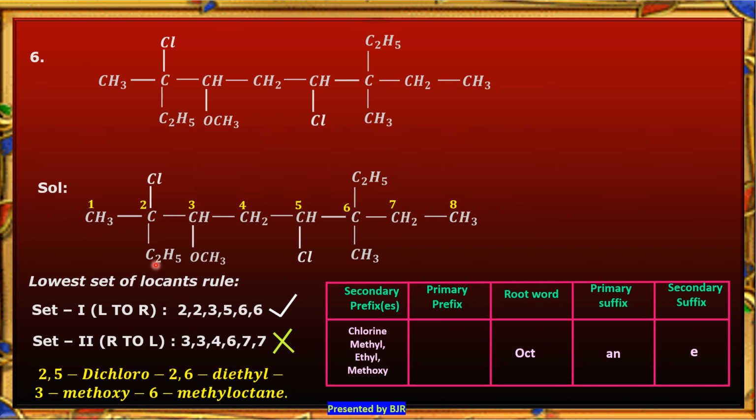So 2,6-diethyl. Next methoxy, 3-methoxy, 6-methyloctane. Okay, this is the IUPAC name of this organic compound.